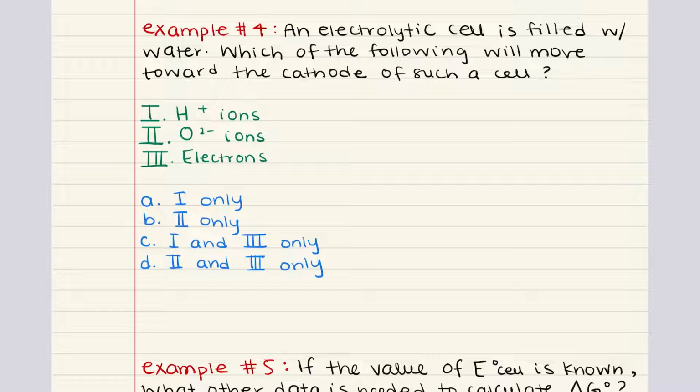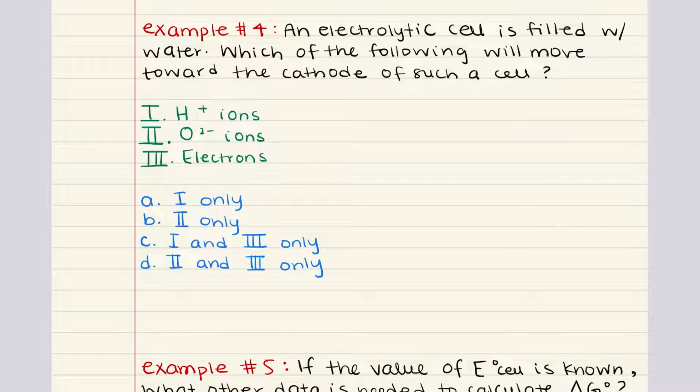The positively charged ions, or cations, migrate towards the cathode, which is the negative electrode where reduction occurs. And the negatively charged ions, or the anions, migrate toward the anode, which is the positive electrode where oxidation occurs. Now, given the situation described in this problem, we need to determine which species will move toward the cathode.